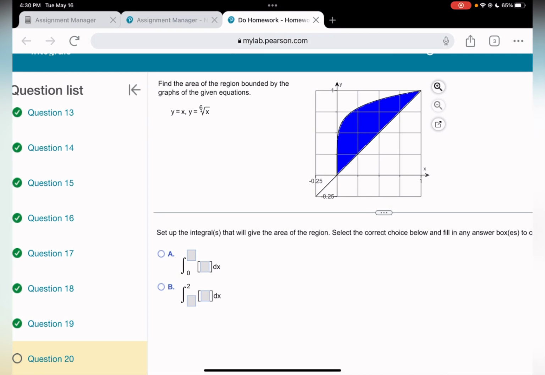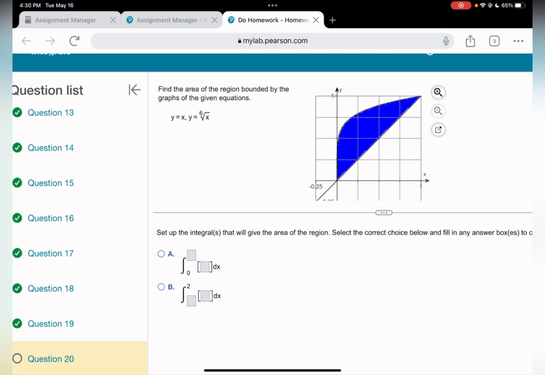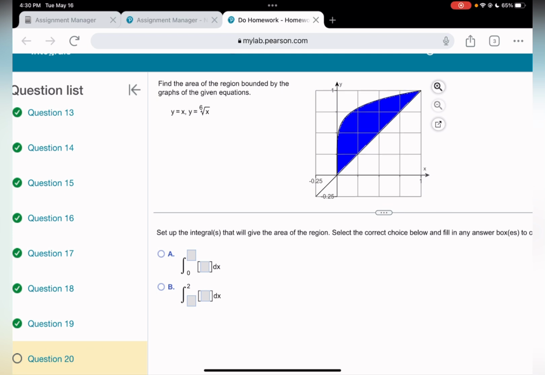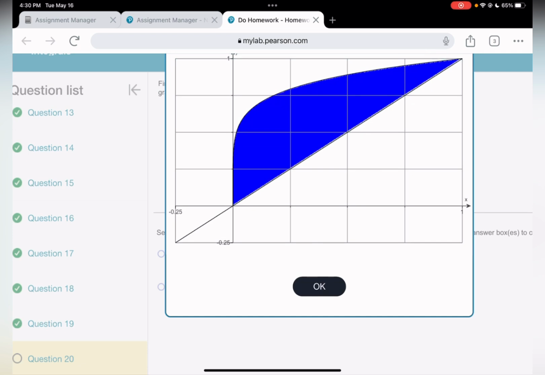Since the boundary is not given, what does it say? Find the area of region bounded by graphs of the given equation. Okay, by graphs. All right, let's see. How much is this? 1.